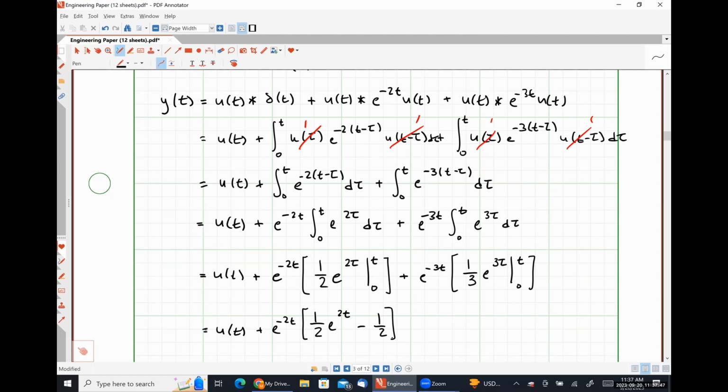So I'm going to have 1/2 times 1, something subtracted there. Plus e to the minus 3t times 1/3 e to the 3t minus 1/3.